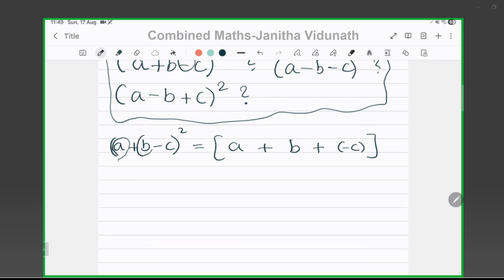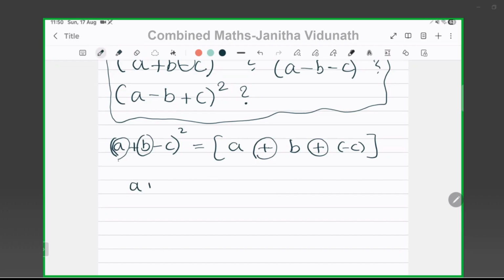Our second term is b. Then we can think of minus c as plus minus c. Then this is our third term. Then we always have positive signs between consecutive terms. Let me repeat. We always try to add a plus sign between all the terms.